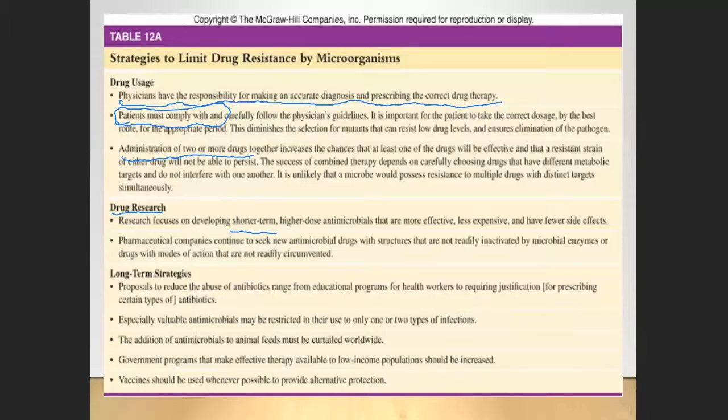And then the long-term strategy is mostly for government. For example, there should be rules on using drugs and antibiotics. Sometimes farmers, for example, also use antibiotics on their cattle.